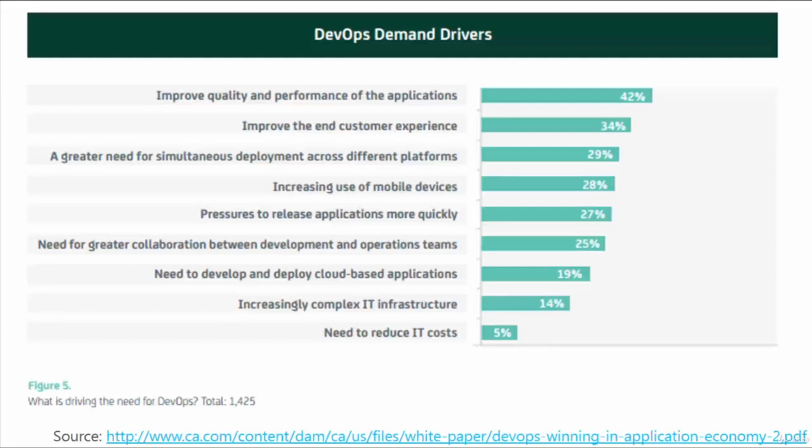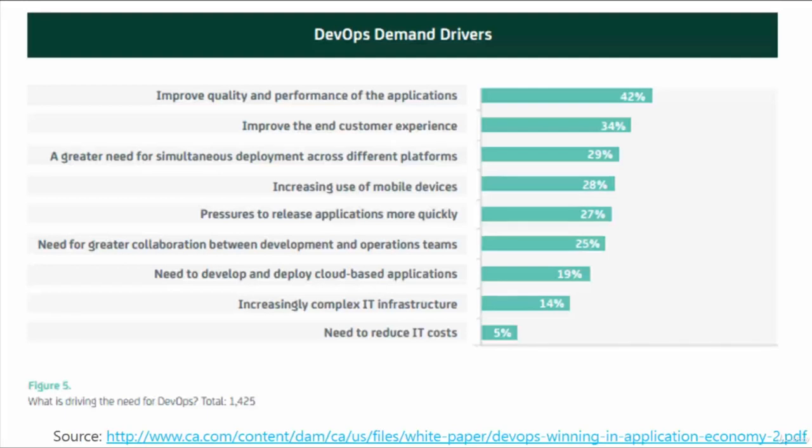So think about a scenario where you have millions of visitors coming to your website, for example. You need that software or that website to be a reliable one and perform faster. So this is really one of the largest, by far, demand drivers so far. Some of the others listed are: it improves the end customer user experience.